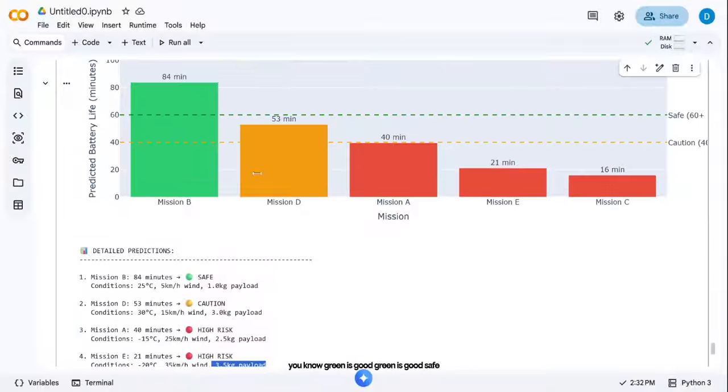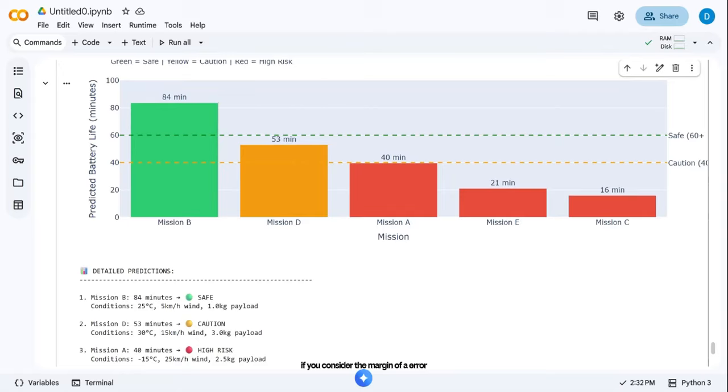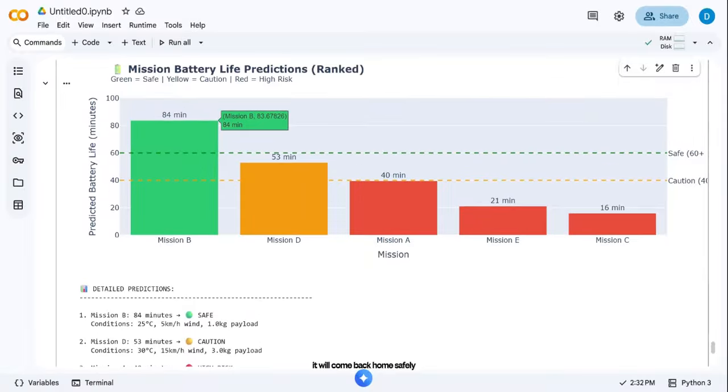So, green is good. Safe, if you consider the margin of error here between safe and caution. The red ones, definitely you are not going to make these missions because you're going to lose your drone. The green, you will not lose a drone. You will come back home safely.